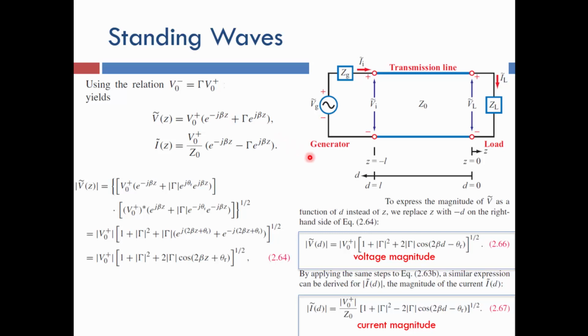We are still in transmission lines, and specifically two conductor transmission lines. In a previous part, we talked about how we could measure, calculate, or determine the reflection in transmission lines.